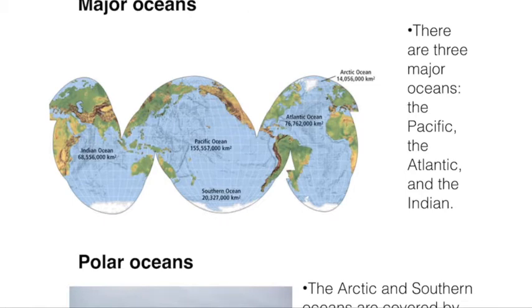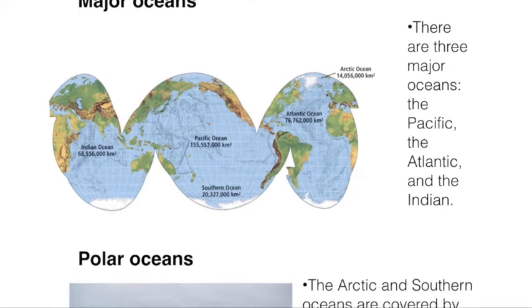The Southern Ocean is the ocean that surrounds Antarctica, and the northern ocean is called the Arctic. The Arctic Ocean is around northern North America, for instance northern Canada. Over past centuries, that has been frozen.